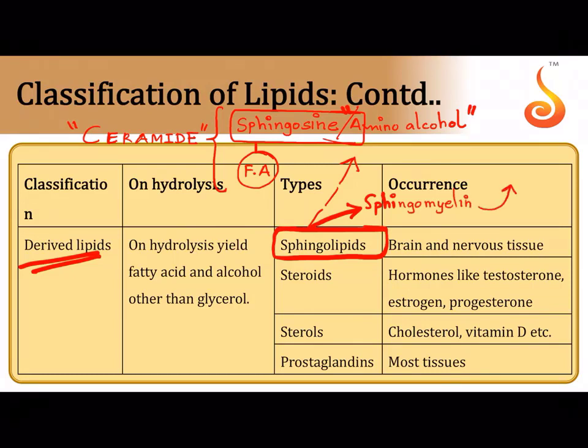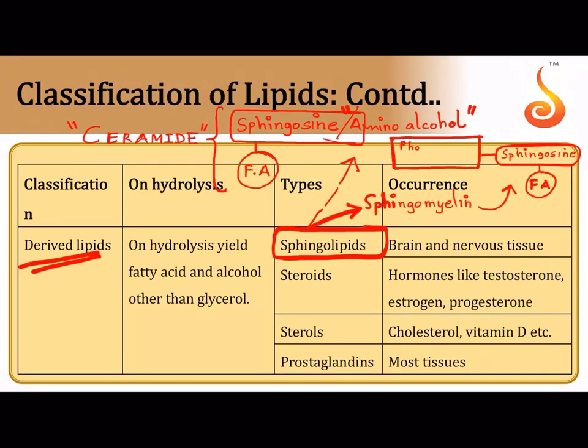Now in sphingomyelin, what do you see? Obviously you will find the alcohol. The alcohol, like I told you, what did we call its name? We called it sphingosine or amino alcohol. And then there will be a fatty acid molecule. But here in sphingomyelin, there will be an additional group attached to the sphingosine.